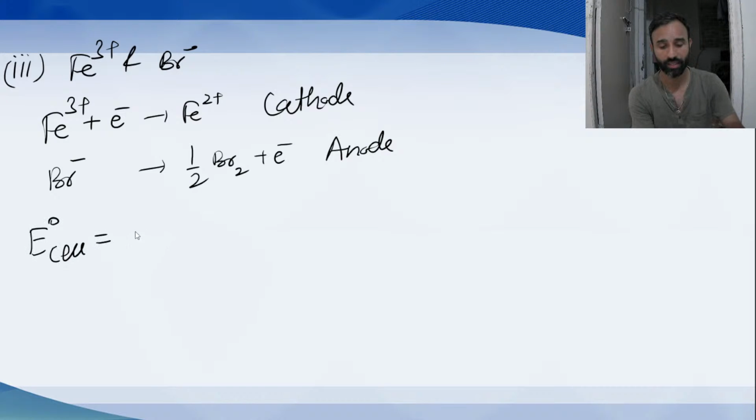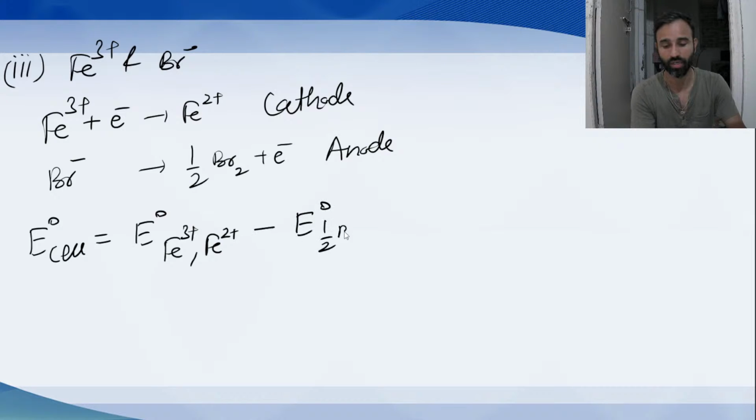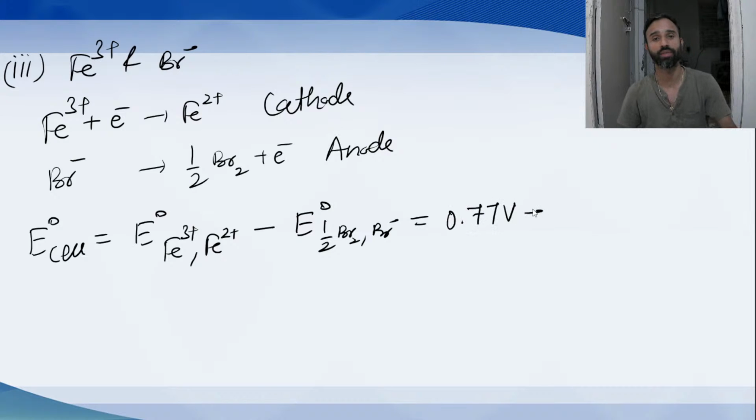E naught cell is E naught cathode minus E naught anode. The value for Fe3+ to Fe2+ is 0.77 volt, minus 1.09 volt for bromine.